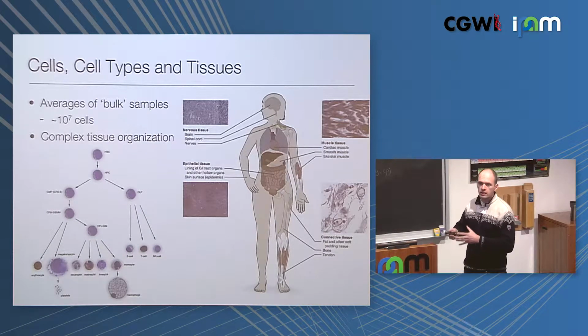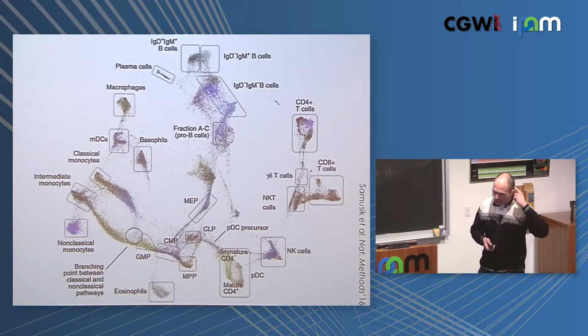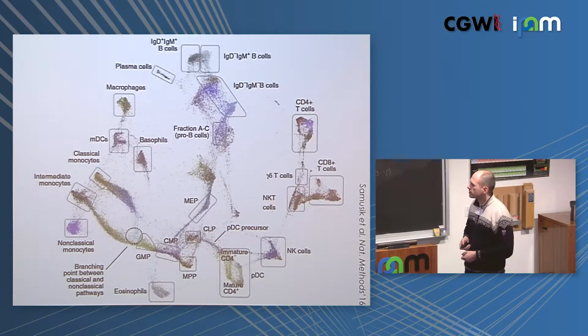And to even understand all the components and how they interact with each other, how they support each other, that can be quite a bit of work. For instance, this is hematopoiesis. And this type of a tree or structure is a result of many, actually decades probably, of efforts of different researchers. And then here on this slide, this is a single cell measurement, but a proteome-based one of mouse hematopoiesis.